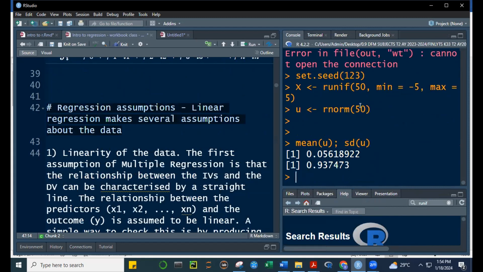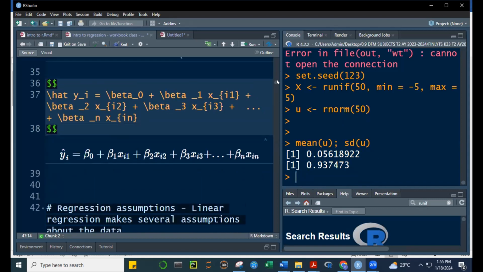It's because our sample size is very small. But if we make it larger, try to experiment, make it 1,000 or 10,000 or 100,000, you'll see that the mean is practically 0 and the standard deviation is practically 1. The reason why it's not as close as possible to 0 is because our size is very small.